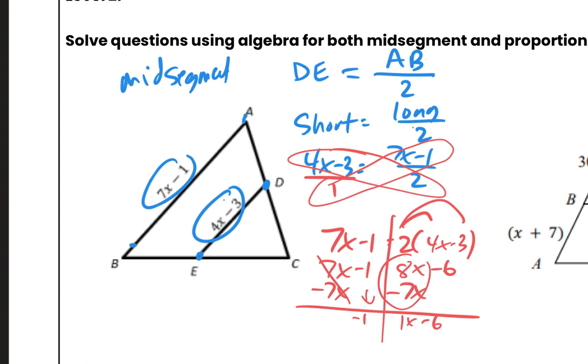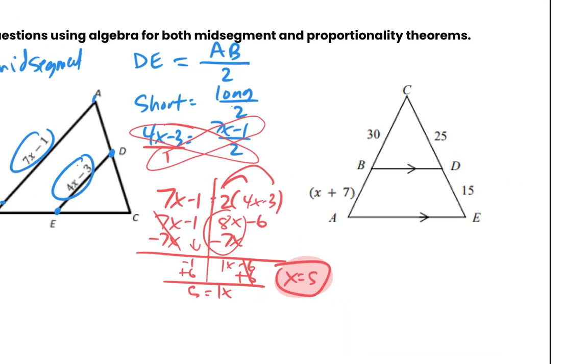Now I already have the x's over here, so I want to move this over by adding the opposites. The opposite of negative 6 is plus 6. Add 6, add 6. So 1x equals 5. So x equals 5. Okay, next, let's take a look at this one.